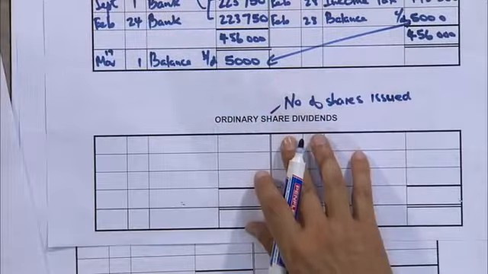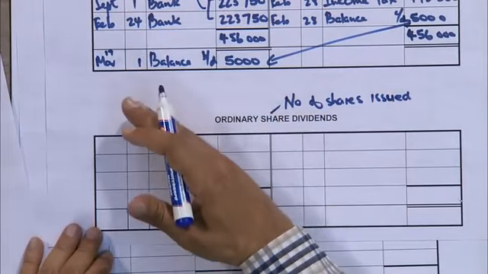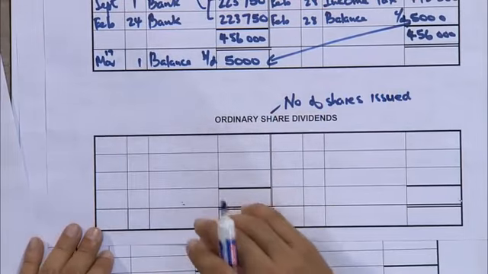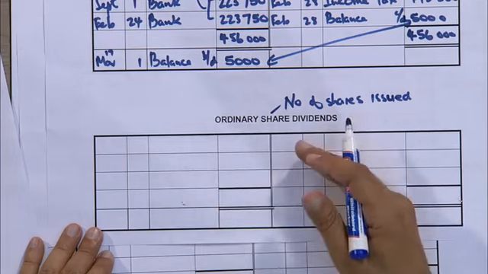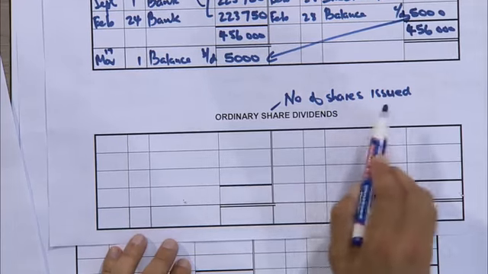So this dividend account, you're going to have 2 dividends. One will be during the year and one will be at the end of the year. Or one is normally paid and the other one is normally declared. Okay? But it all depends on the number of shares that was issued.